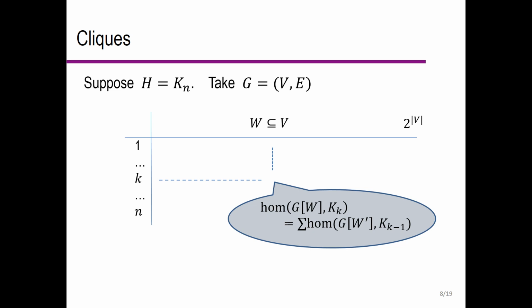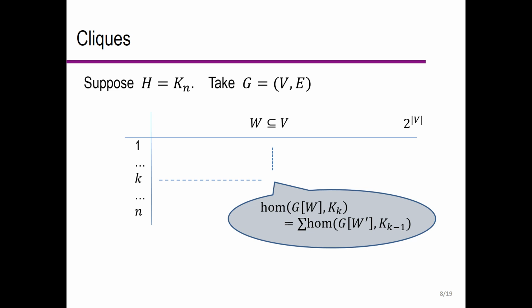Well, we go over all possible subsets of W. So let's say the current subset is W prime. Then we decide that we will map all vertices of W prime to a smaller clique on k minus 1 vertices, and the remaining vertices, W minus W prime, will map to the remaining kth vertex of our clique.